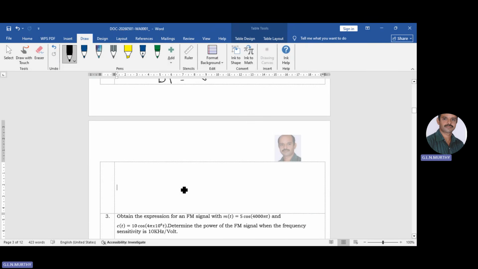So the transmission bandwidth 1 equals 2 into 75 kilohertz plus 2 kilohertz, that is 2 into 77 kilohertz, around 154 kilohertz, since it is a wideband FM.